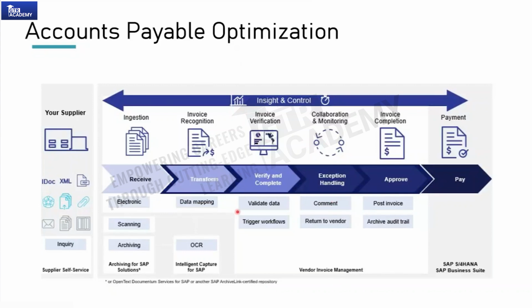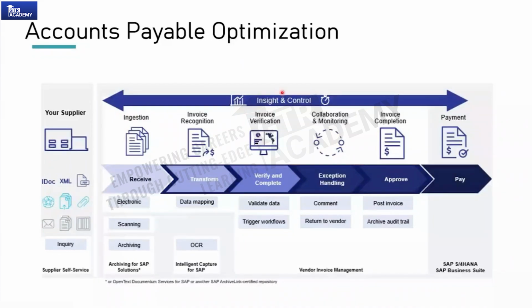Okay, so there is a clear integration between your BC and VIM, and the duties are really segregated: what BC will take care of and what VIM will take care of. And once the VIM comes into the picture, this is where the data verification happens. Whatever the OCR tool has translated from your invoice into the SAP screens is verified by the VIM solution.